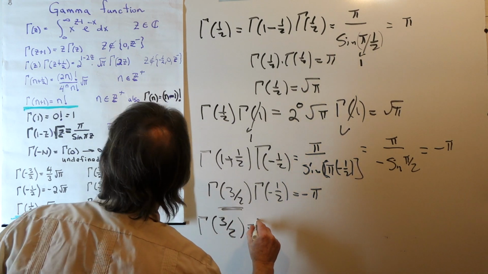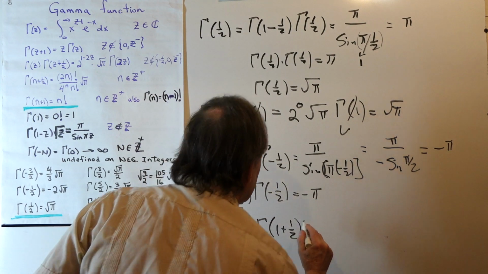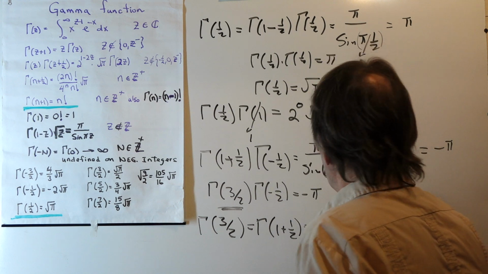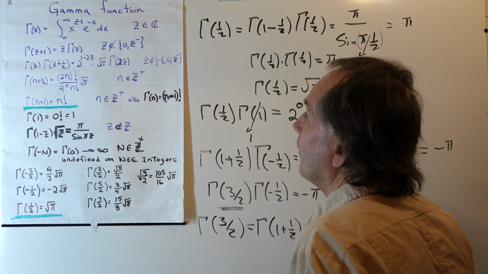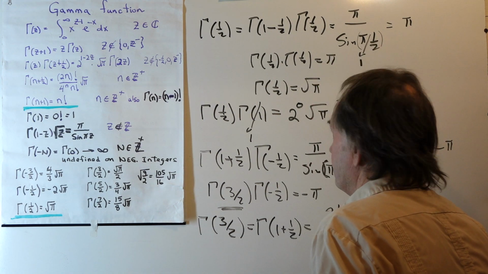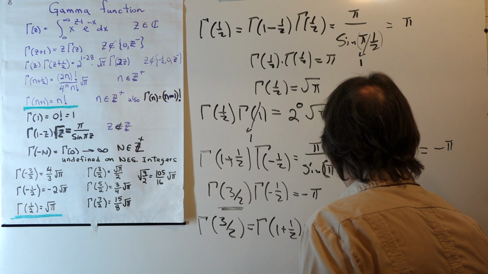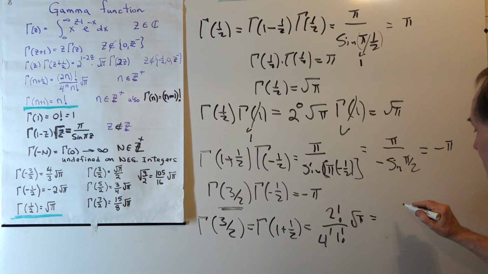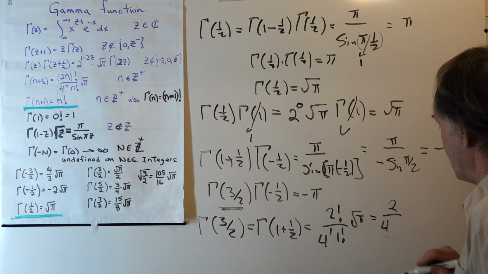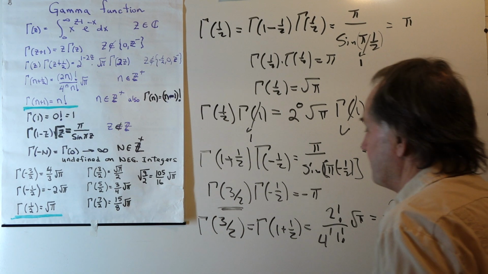Gamma of 3/2 equals gamma of 1 plus 1/2, and n is equal to 1, so we have 2 factorial over 4 to the first power times 1 factorial times the square root of pi. Well, 2 factorial is 2, 4 to the 1 is 4, and 1 factorial is 1, and that's the square root of pi, so this is square root of pi over 2.